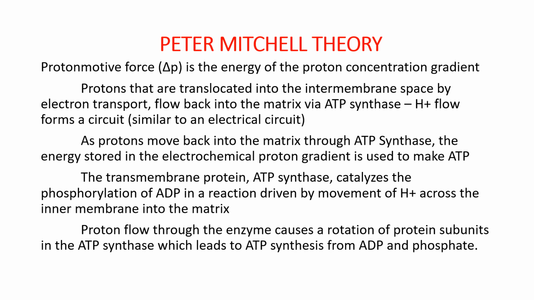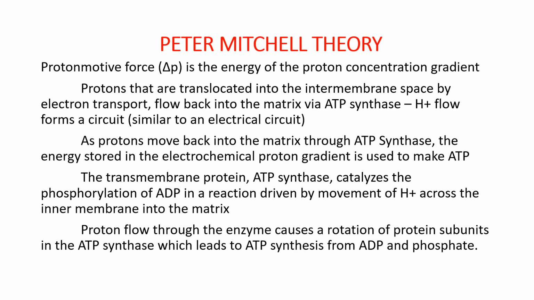The transmembrane protein ATP synthase catalyzes the phosphorylation of ADP in a reaction driven by the movement of protons across the inner membrane into the matrix. The proton flow through the enzyme causes a rotation of protein subunits in the F0 F1 ATP synthase, which leads to ATP synthesis from ADP and phosphate.